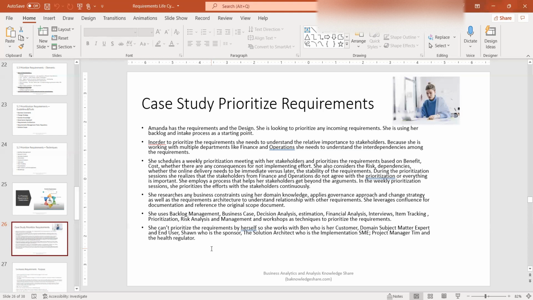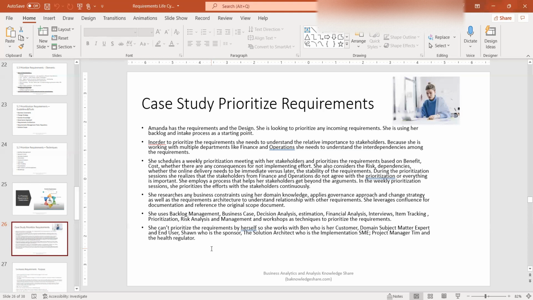She schedules a weekly prioritization meeting with her stakeholders and prioritizes the requirements based on the benefit and cost, and whether there are any consequences for not implementing the effort. She also considers the risk, the dependencies, whether the online delivery needs to be immediate versus later, and the stability of the requirements as well.